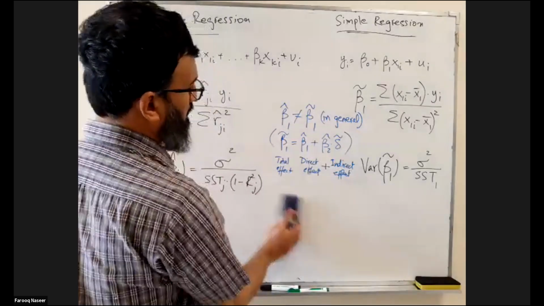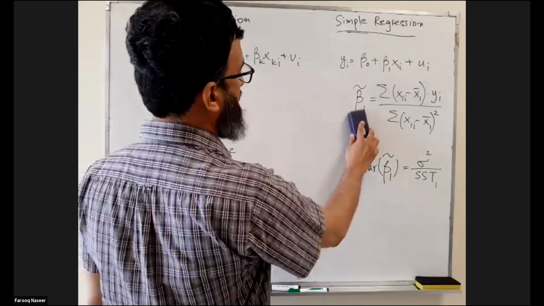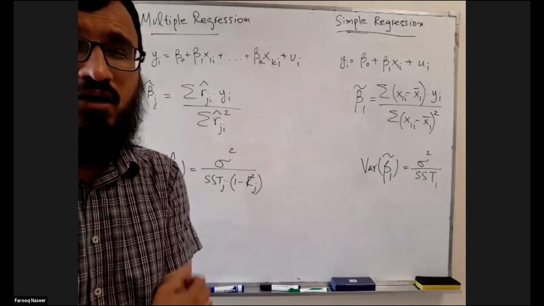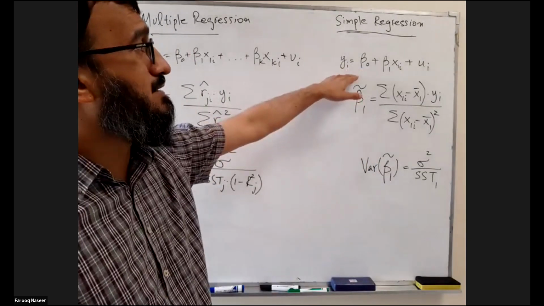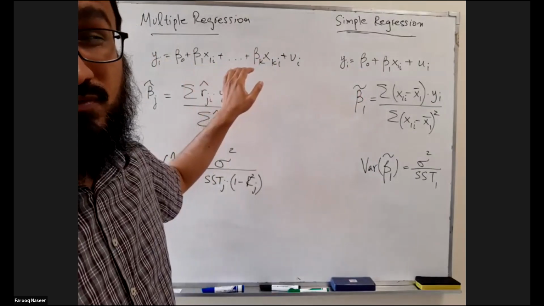So your book talks about this and also talks about what is the cost of omitting such confounding variables from your regression. So what is the cost of estimating a simple regression when you should have really estimated a regression with both x1 and x2?